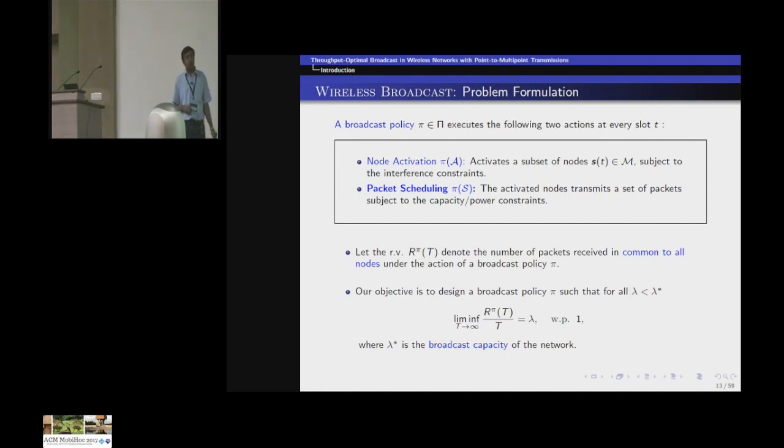We are interested in designing a broadcast policy pi such that this rate of packet reception is equal to the arrival rate lambda, with probability 1, and this relation should hold for all lambda less than lambda star, where lambda star is the broadcast capacity of the network. We are interested in designing such a policy.